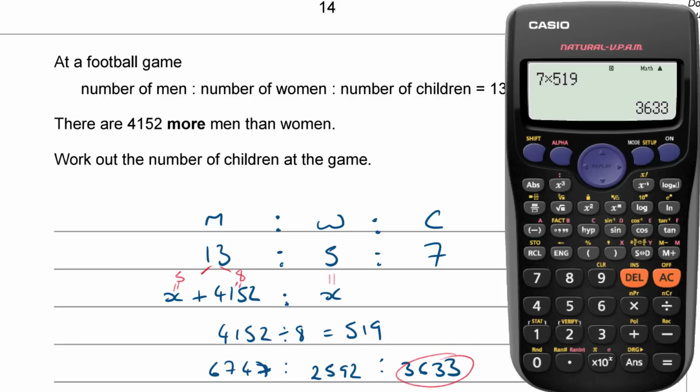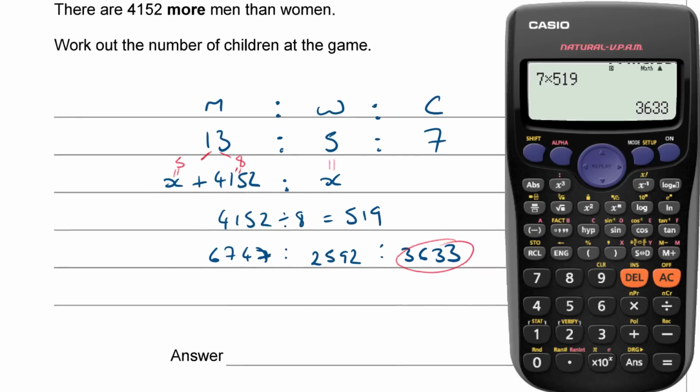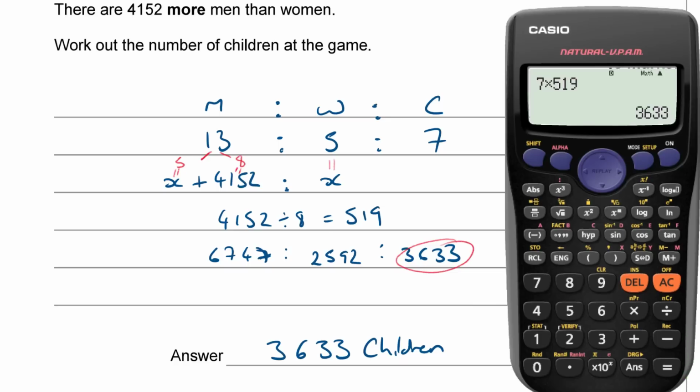So there are 3,633 children. Now, like I say, there are 101 different ways of doing this, and there are probably some more formal approaches to answering this sort of question, but at the end of the day, you've got to get the right answer, and the right answer is 3,633.